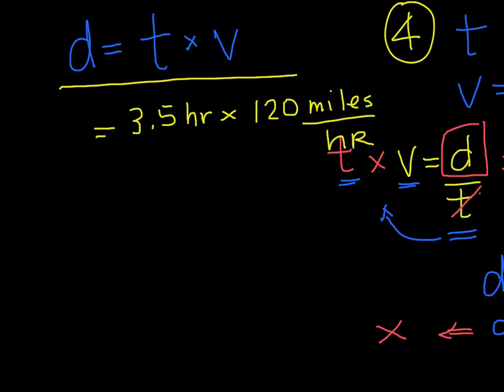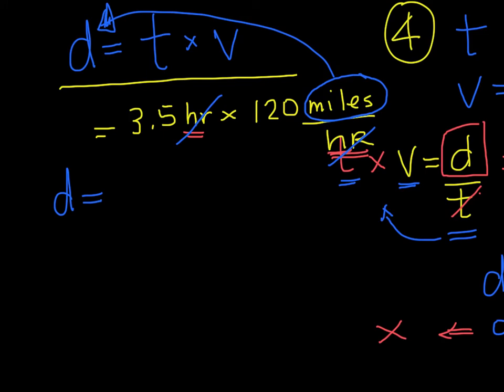Do you see that hours are here and hours are down here? Well, can't we cancel them? So I'm going to cancel hours by hours. So what am I left with? Miles. Miles are how we measure distance. So we know we're on the right track. So distance equals 3.5 times 120, which is 420 miles.